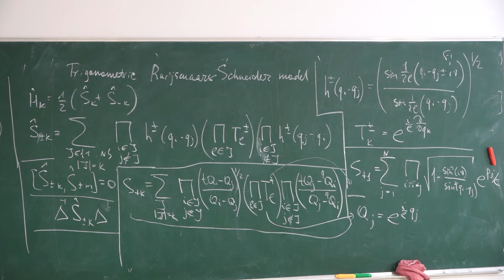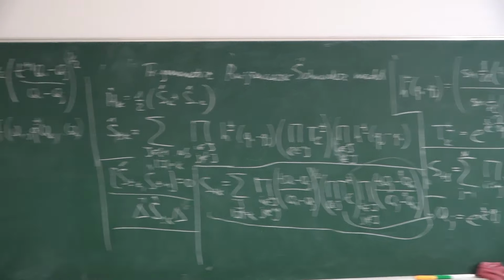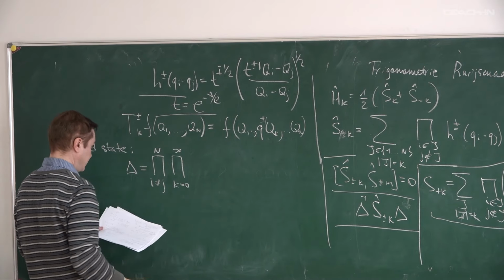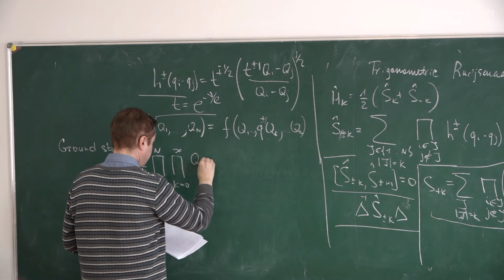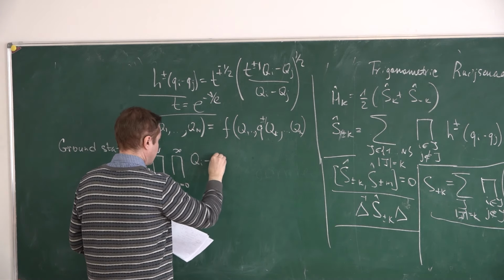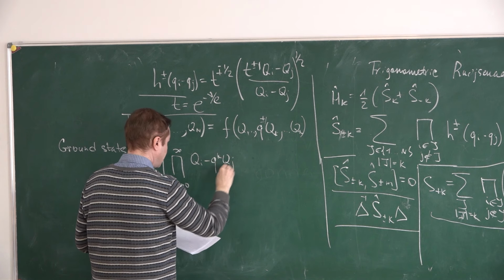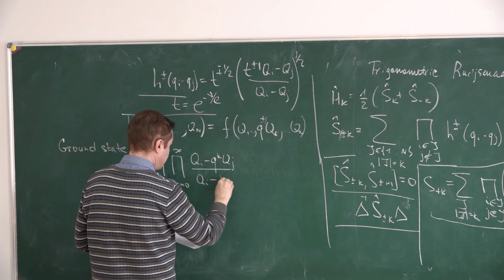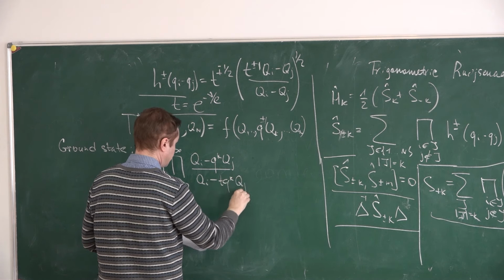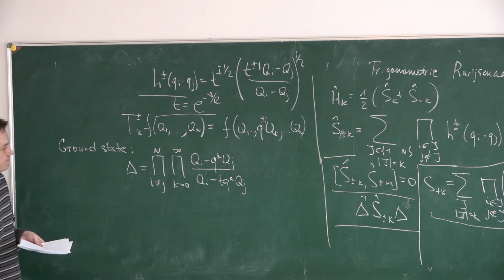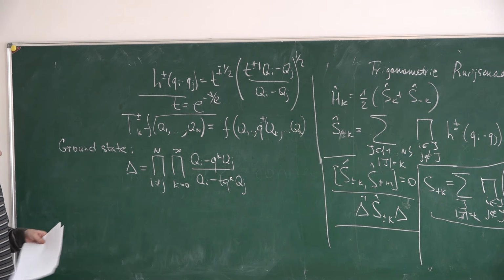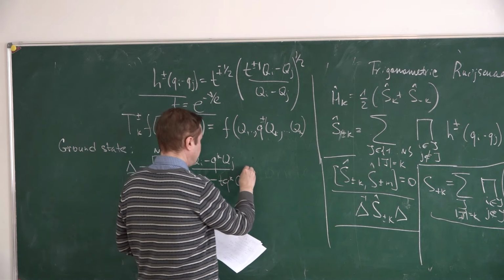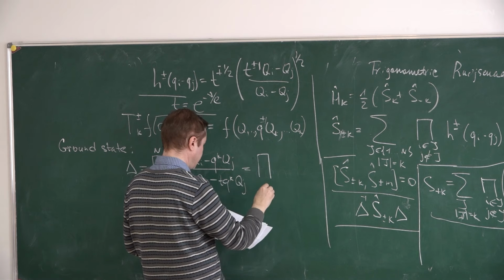It is also a Vandermonde kind of formula, but it has an infinite number of factors: qi minus q_k q_j, qi minus t q_k q_j. So there is an infinite product here, and let us rewrite it in the following form.